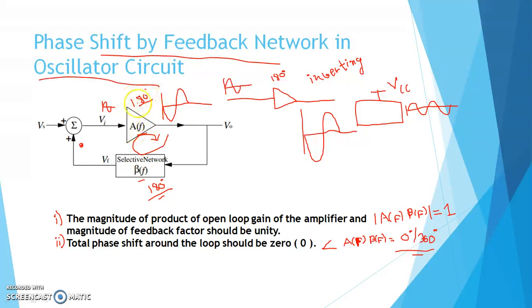So if 180 degrees is done by the basic amplifier, then obviously the rest 180 degrees must be done by the frequency selective network. Clear? And this is one type of basic amplifier which is called an inverting amplifier. There is another type of amplifier which is called a non-inverting amplifier. So what is that? Suppose this is a non-inverting amplifier.